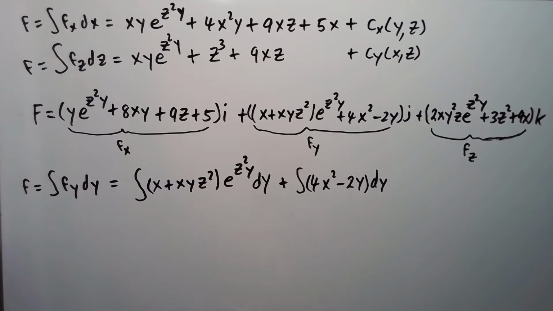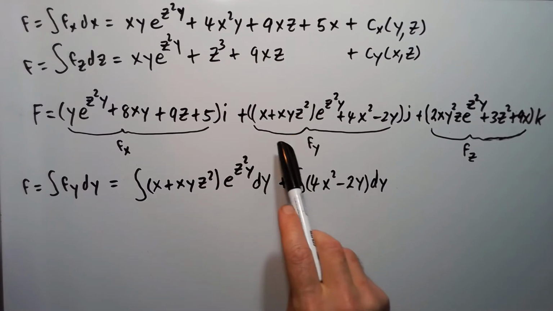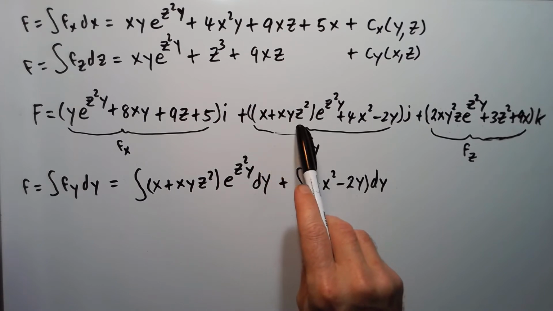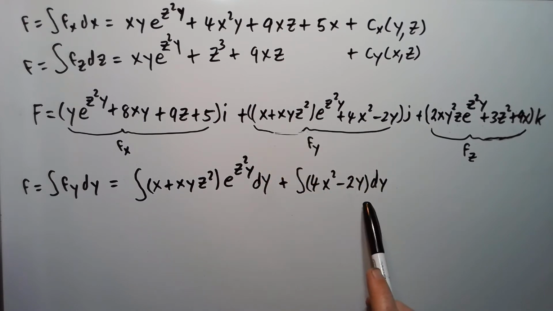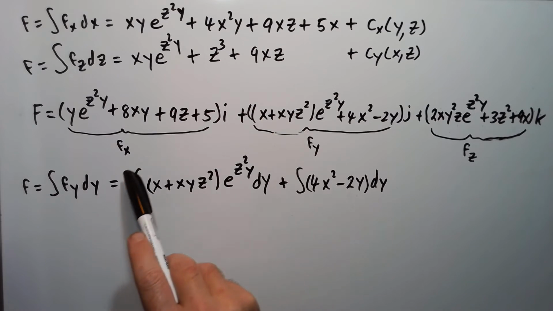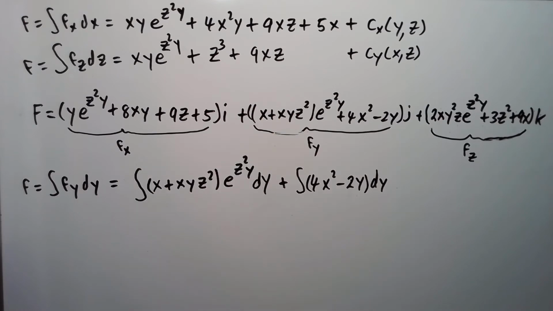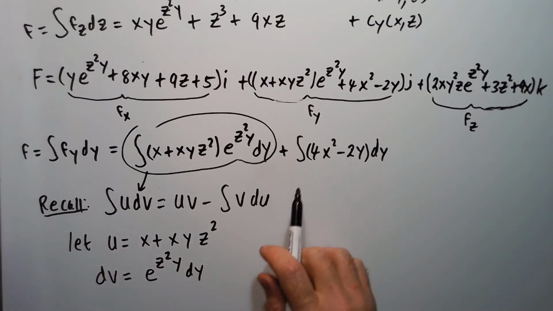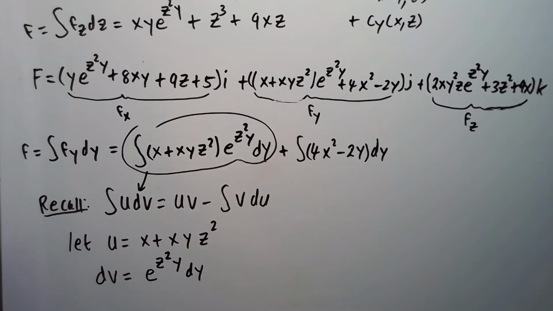So integrating our f_y piece, we'll have this. I'm integrating this here. I broke it into two pieces. I'm integrating that first piece, then integrating that. You'll see why, because this first piece is going to require integration by parts. So let's recall the integration by parts formula. We're going to apply it to this piece here.